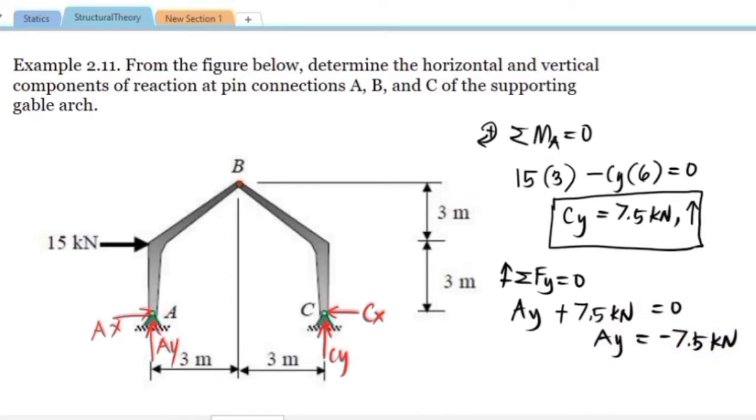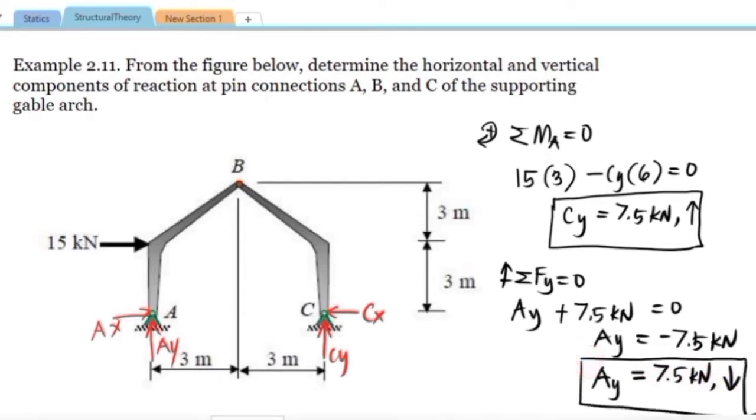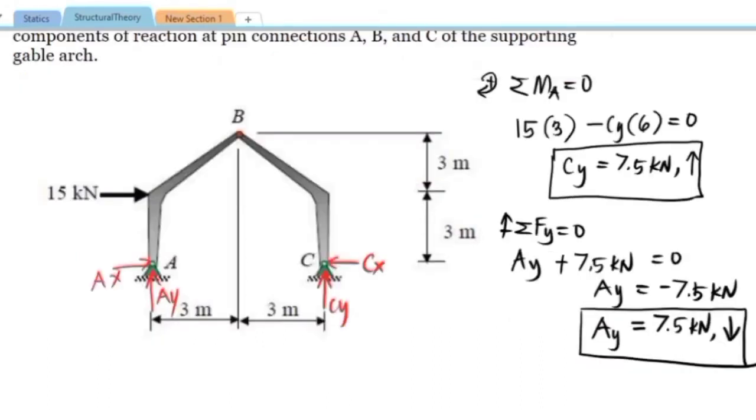So since negative yung lumabas na sagot, meaning mali yung assumption natin, AY is not directed upward, but instead AY is directed downward. So that would be 7.5 kilonewton directed downward. So always remember na okay lang mag-assume pero never mag-expect. So kukontrahin lang natin, AY is not directed upward, but it is directed downward.